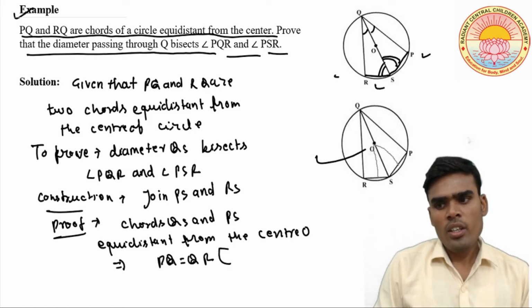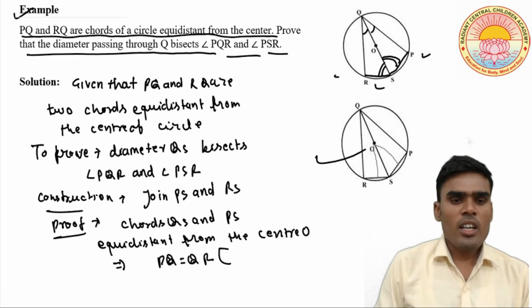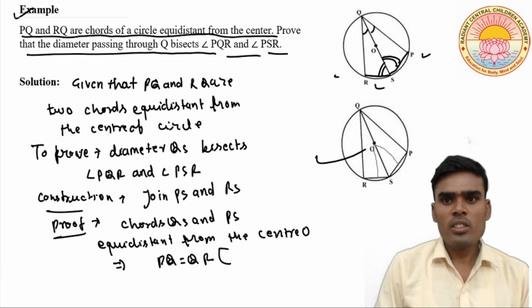Why? Because chords which are equidistant from the center are equal. This is the theorem, theorem number 10.7.